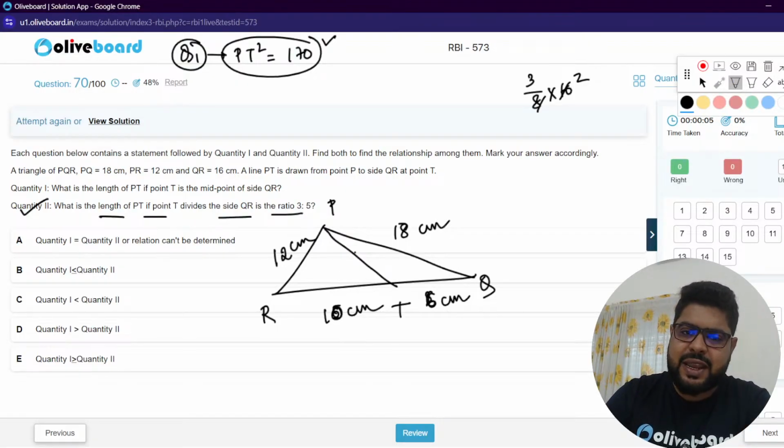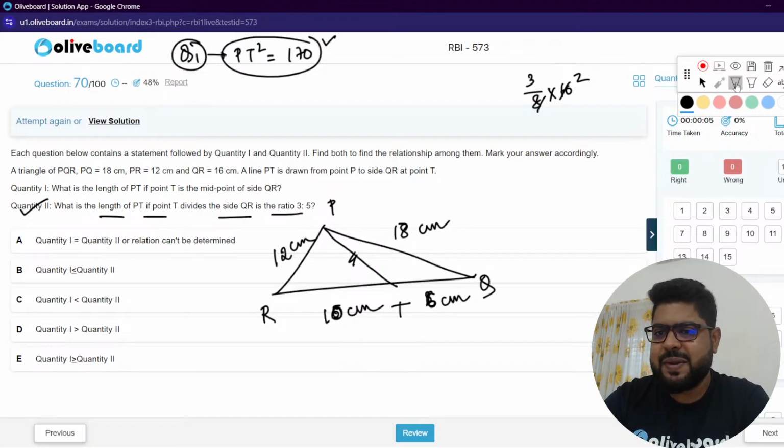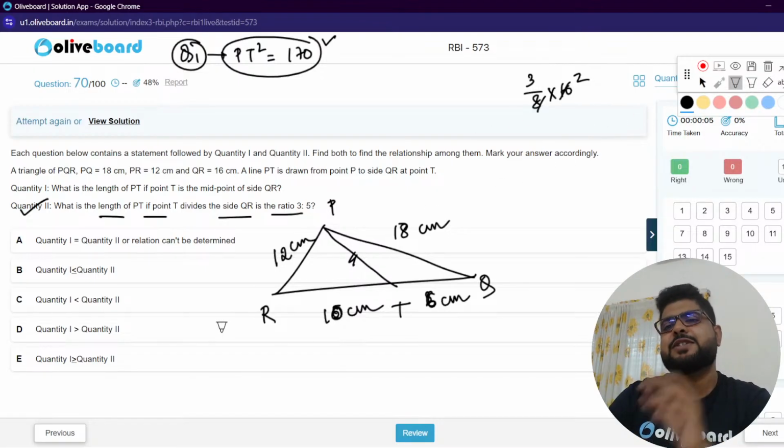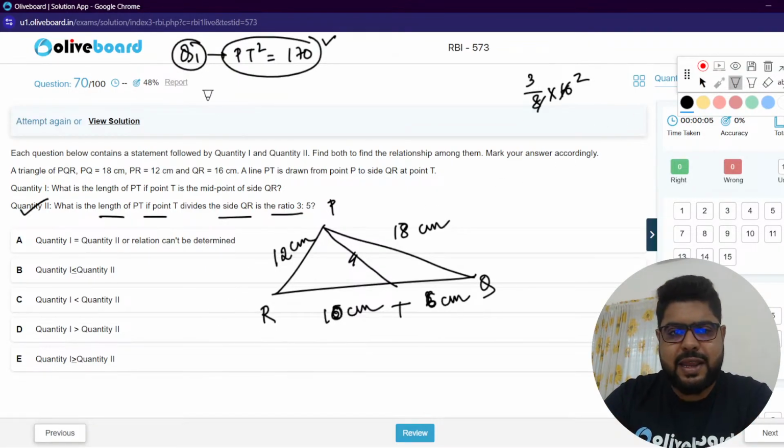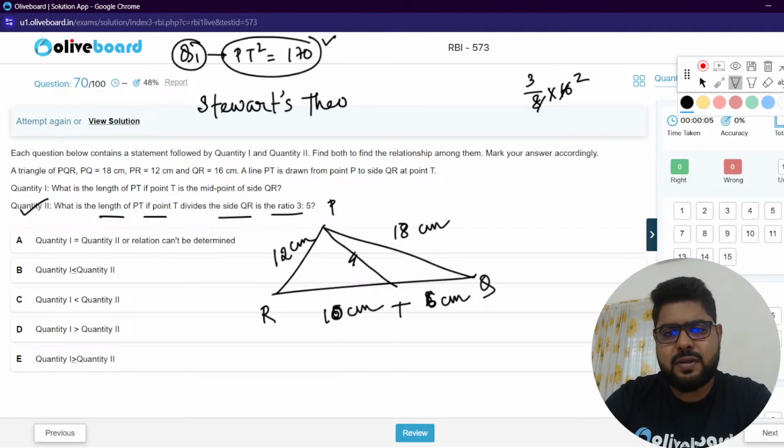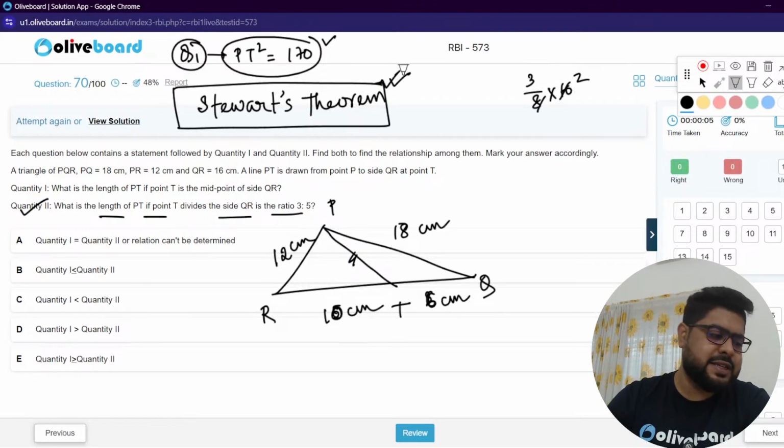Now again I need PT. For this there are multiple ways, but hands down the best way will be Stewart's theorem. Again, it comes from the cos theta formula.